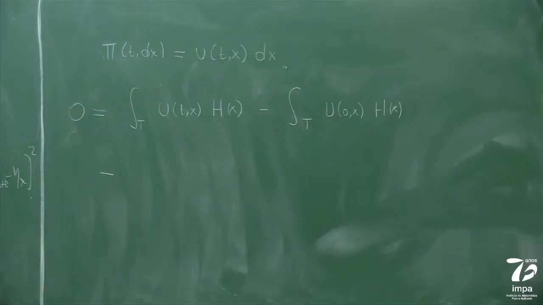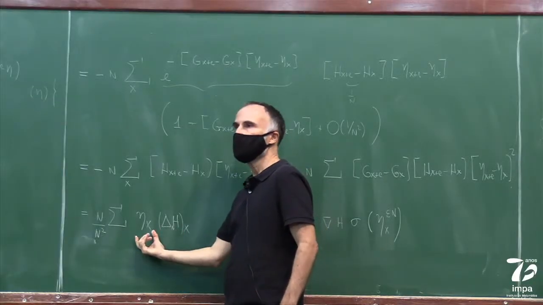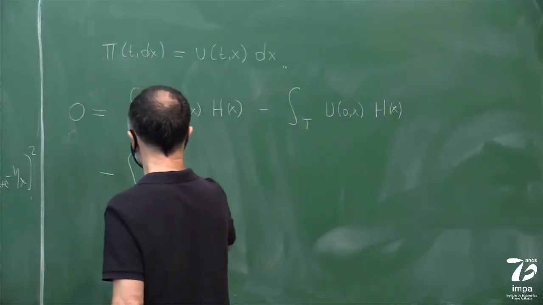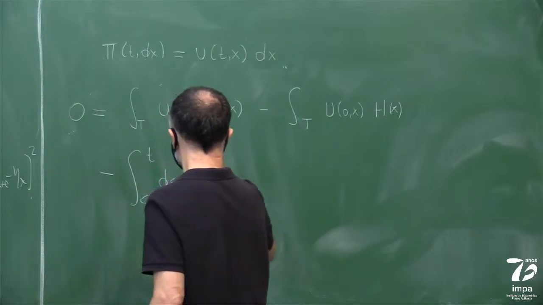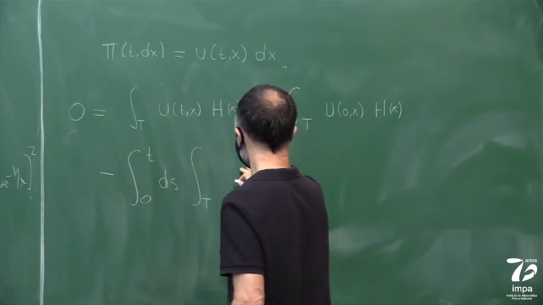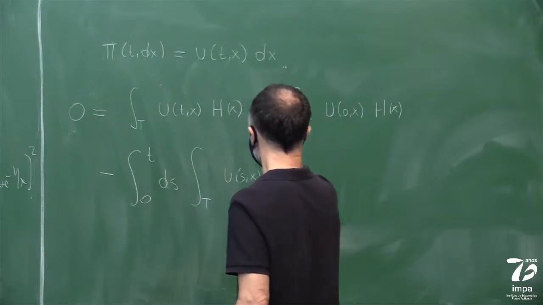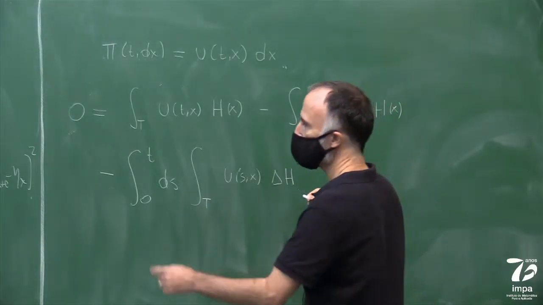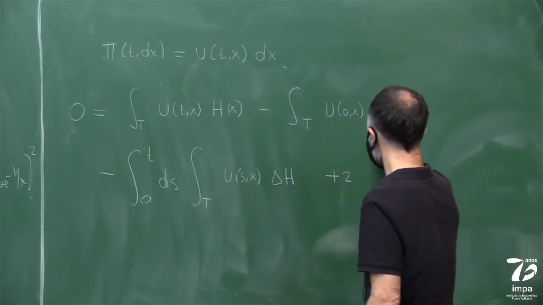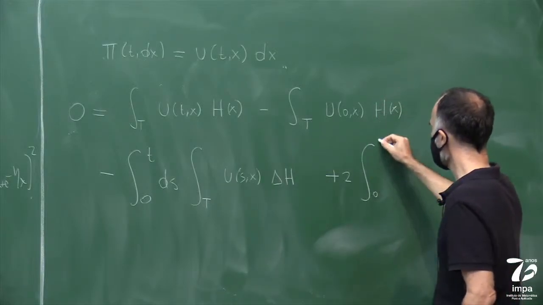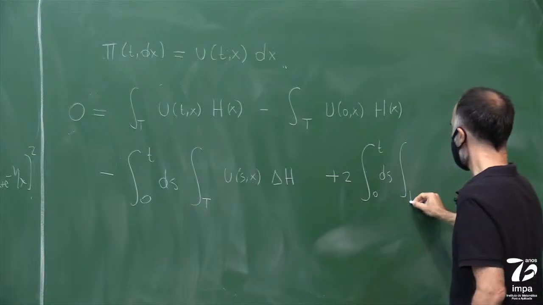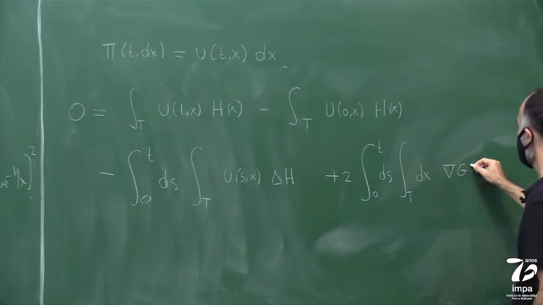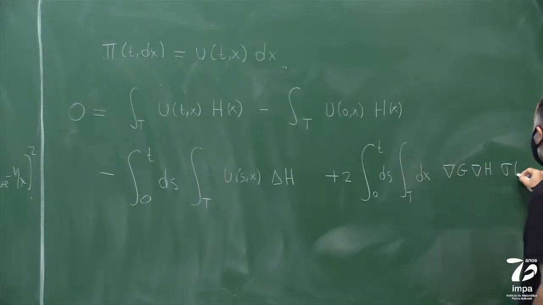So this quantity is the second derivative of h integrated with respect to the empirical measure. So this is the integral from 0 to t ds, the integral over the torus of u s x Laplacian of h. So this is the first term, and then I have plus 2 times the integral from 0 to t ds, the integral on the torus dx, and there I have the derivative of g, derivative of h, sigma of u.